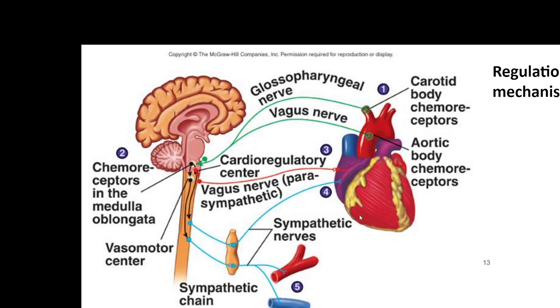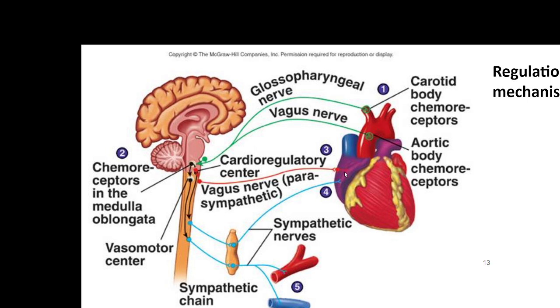When the sympathetic nerves are stimulated, the excitability of the heart would be increased, the heart would be pumping more, there will be a positive inotropic function. The heart rate also would be increased, and the strength of the contraction of the heart muscle also will increase.